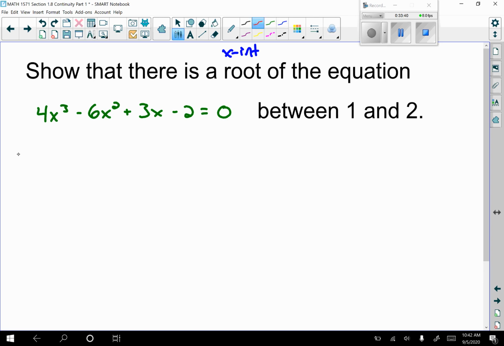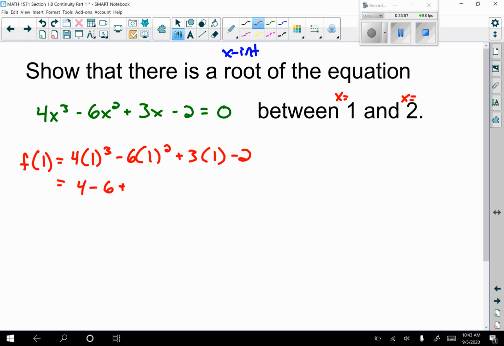All right, so I first want to determine, so this is x equals 1 and x equals 2. So first I want to figure out what f of 1 is. So I just substitute a 1 in here. And we'll calculate this. This just becomes 4 minus 6 plus 3 minus 2, which will give me a negative 1. So right now, f of 1 is less than 0.